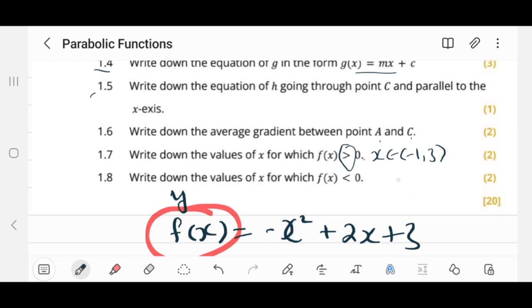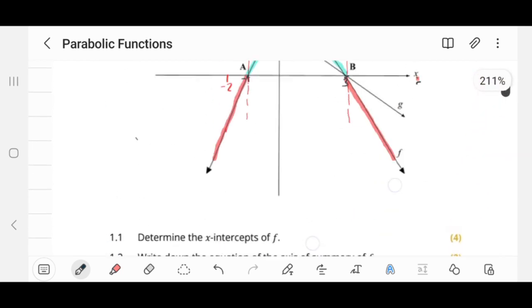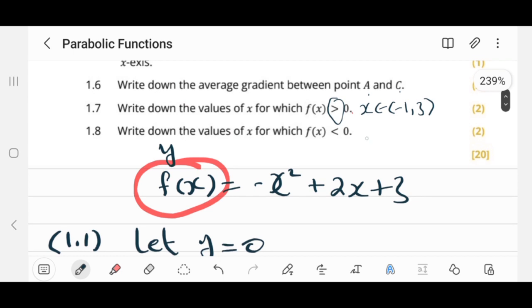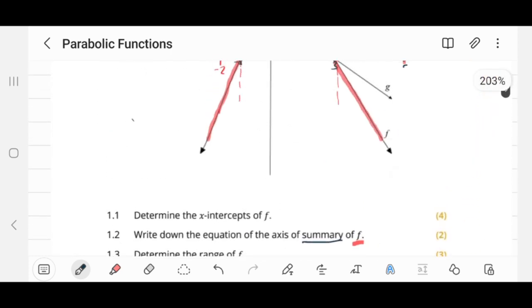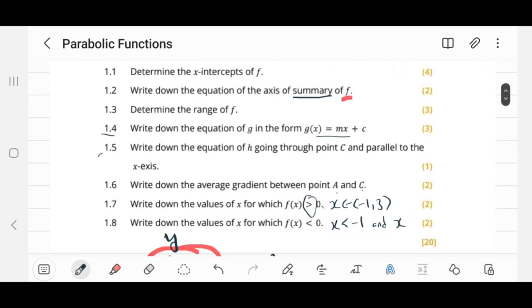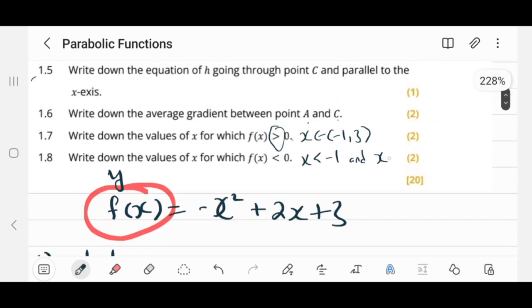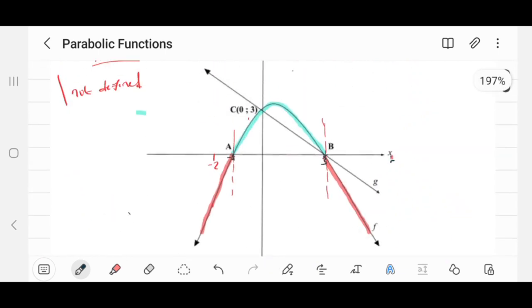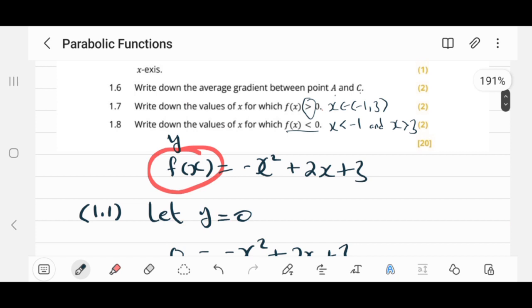And then for the negative part, the first one is x must be less than -1, and x must be greater than 3, because here we want where it's negative, as I explained. So basically we are done with this question. 20 marks to ourselves.